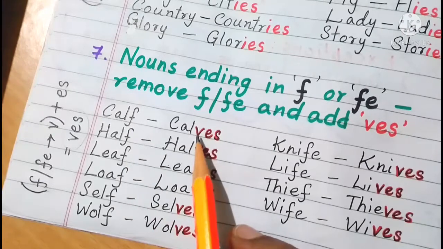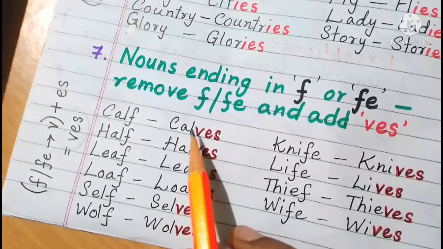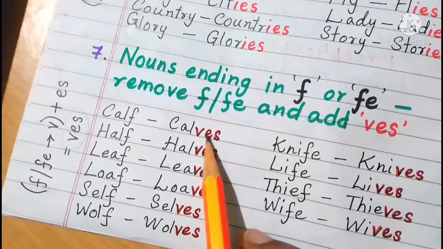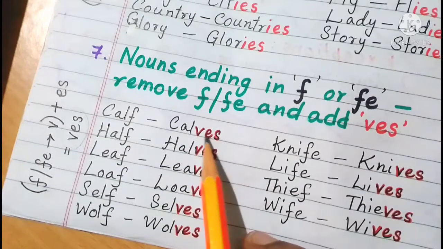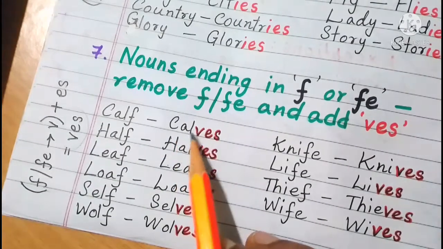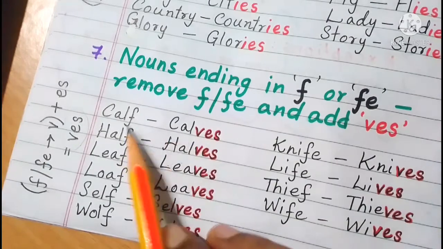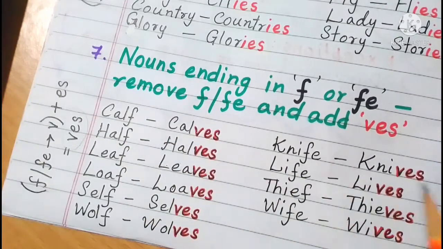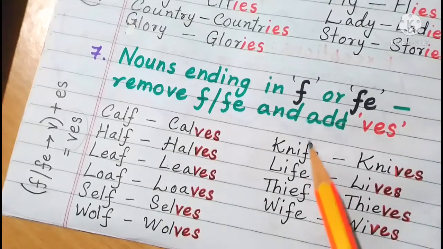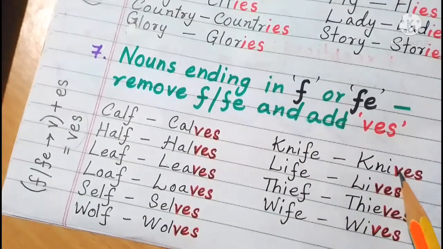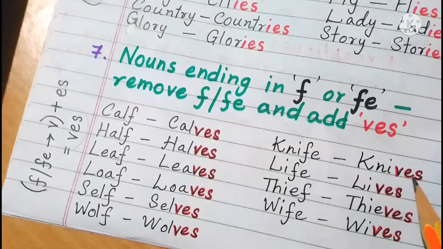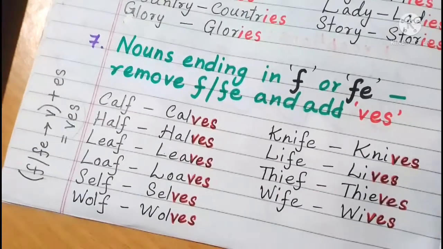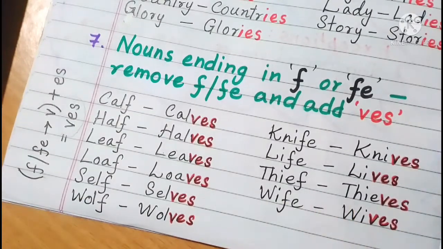Instead of f, we bring in v, and then we add es to make calves. So calf becomes calves, half halves, knife knives. FE is also converted to V, and after V we add ES. So it becomes knives, wives, thieves.